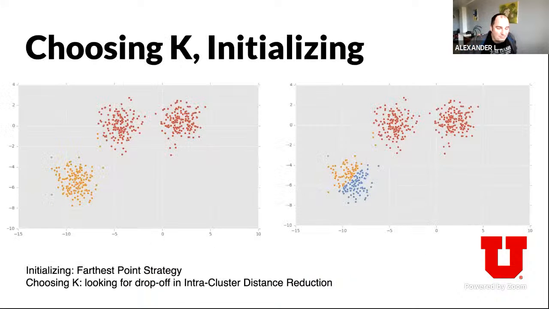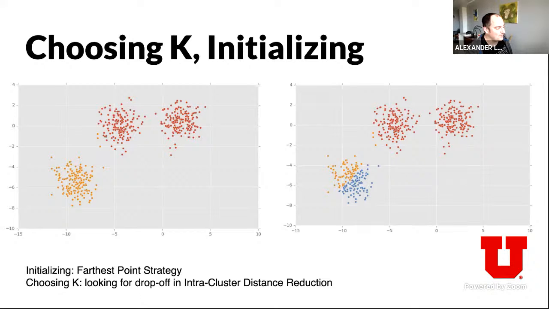So far, we've used k randomly, or I've picked it to trip up the algorithm. But you can do some things to make sure that you initialize k well. One way to do this is the farthest point strategy. You pick a random point first and say this is your centroid.